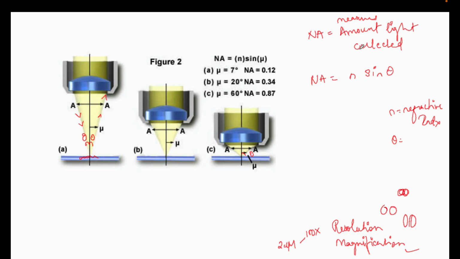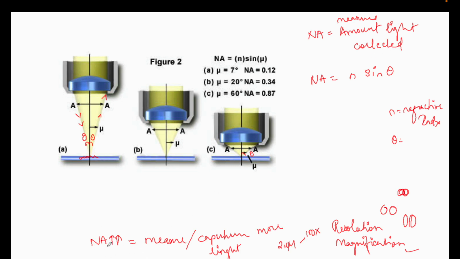In order to resolve an object especially, we need a higher numerical aperture. If the numerical aperture is higher, the lens will capture more amount of light, because numerical aperture is defined by the amount of light collected.